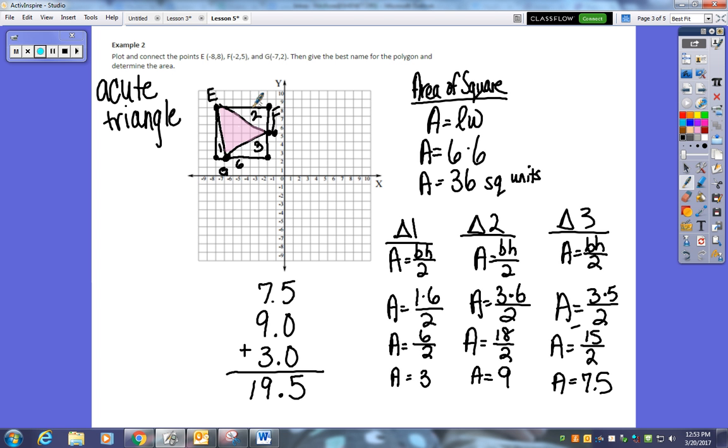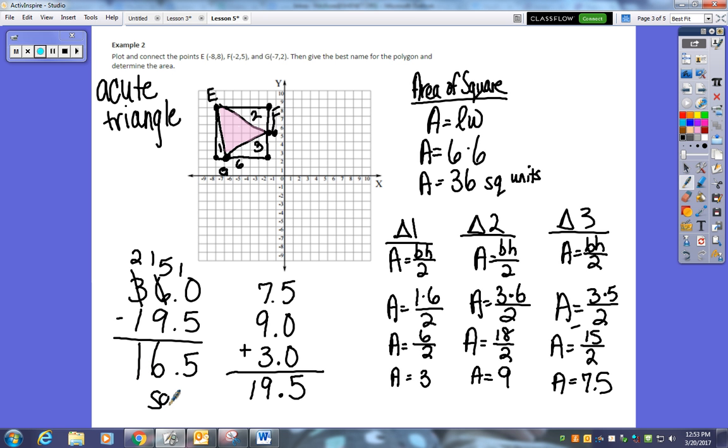We're then going to subtract that out of the square's area, so 36, and I'm going to change that to 36.0, minus the 19.5. And that gives me an area of 16.5 square units for our pink triangle.